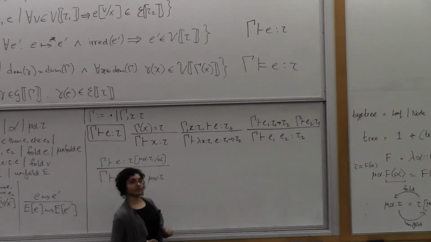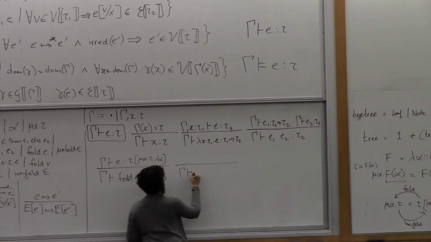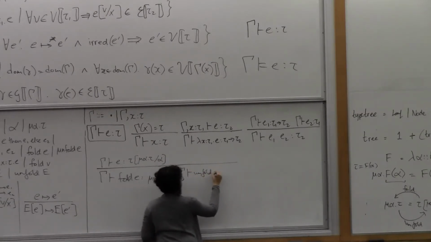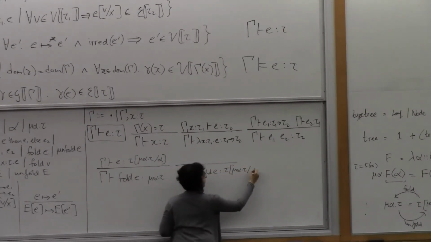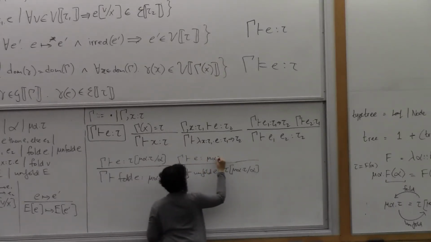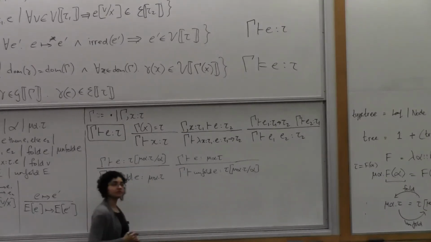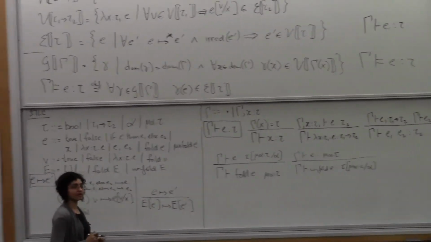That's the point I was trying to make over there. And unfold is the converse. Unfold E has type tau with mu alpha tau for alpha if E has type mu alpha tau. So this expands the type and this sort of contracts the type, rolls it back. Okay.